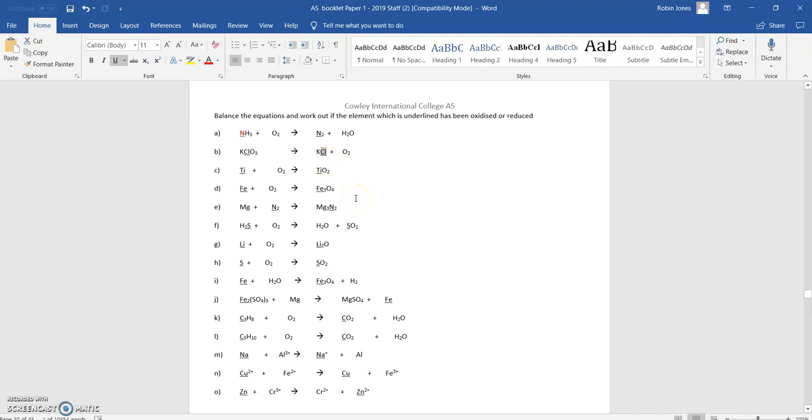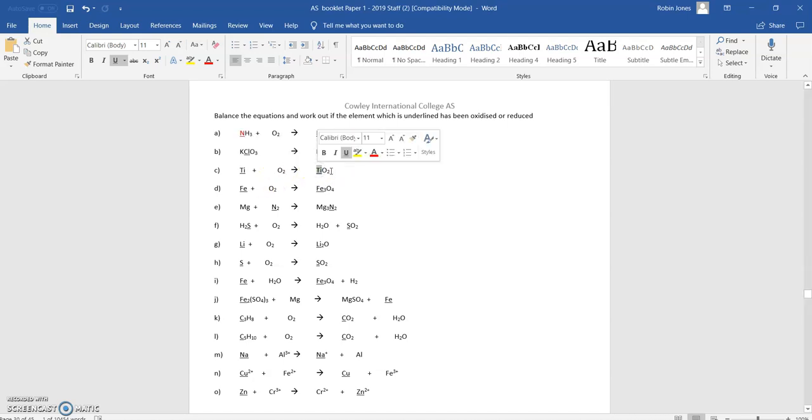Let's try one more. Ti, titanium, it's on its own, not bonded to any other atoms. It is in oxidation state 0. It's not bonded, it's not lost or gained electrons, it's just on its own, 0.